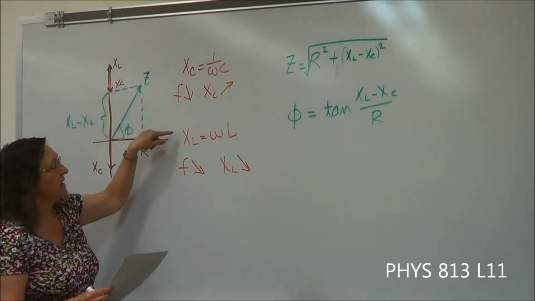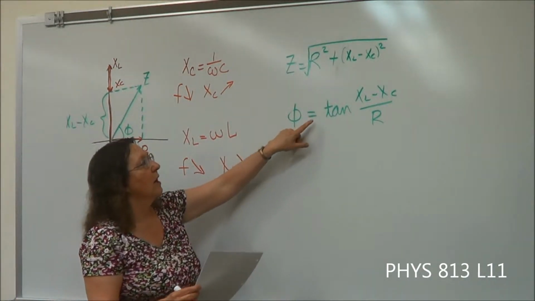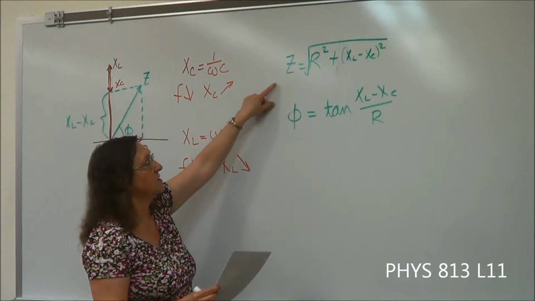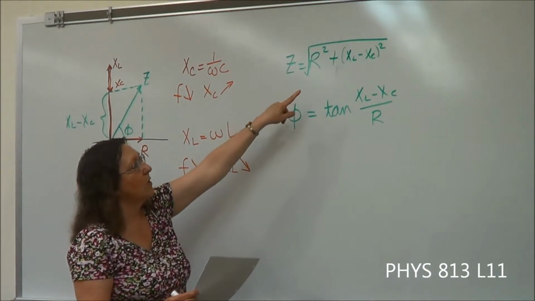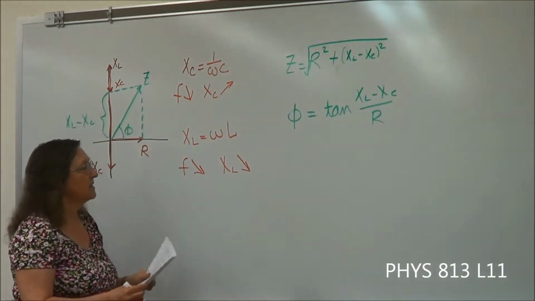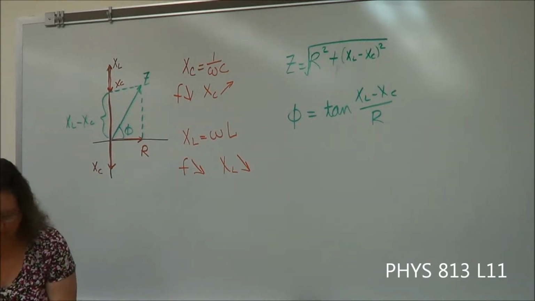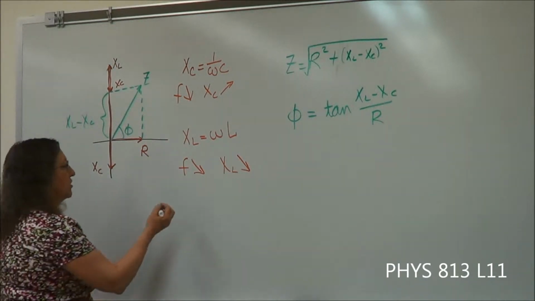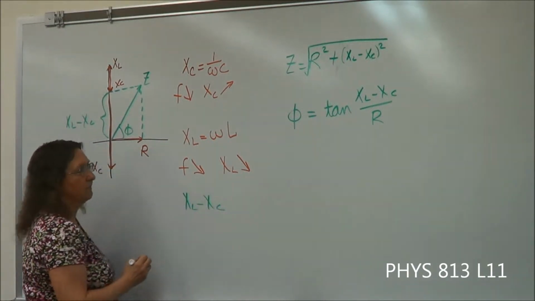Well, we notice that XC and XL are in two of our major equations, the one for impedance and the one for the phase angle. So we're going to look at the quantity XL minus XC.